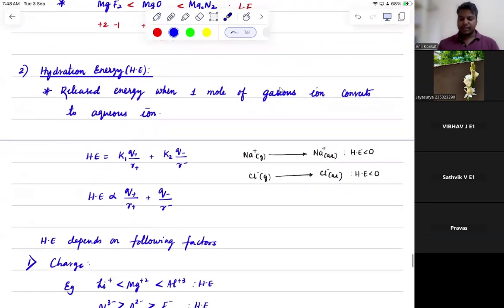Next, hydration energy: the energy released when one mole of a gaseous ion converts to an aqueous ion. We can write this as Q plus by R plus, plus Q minus by R minus.